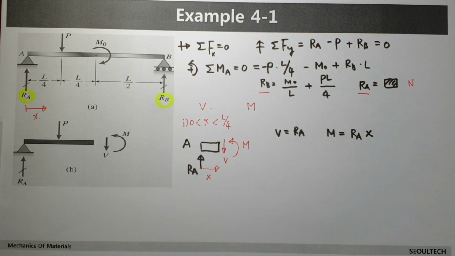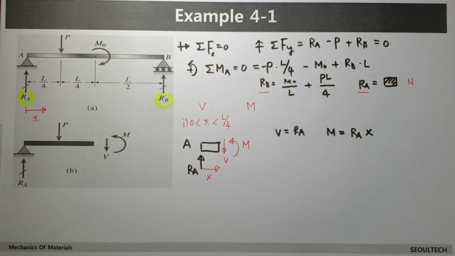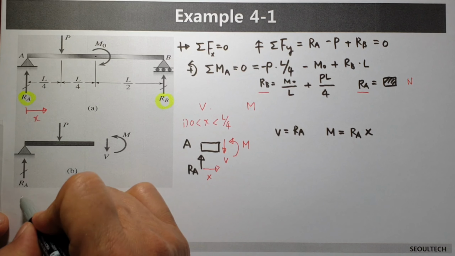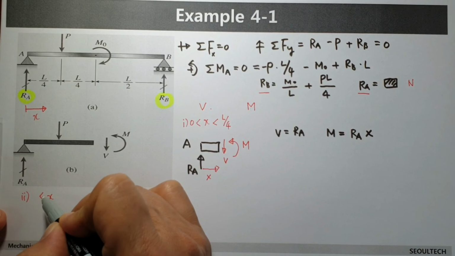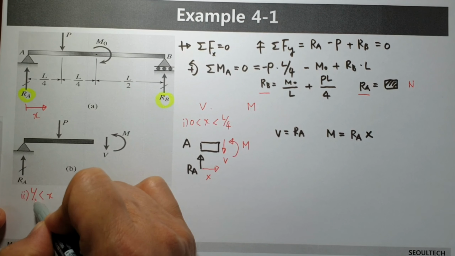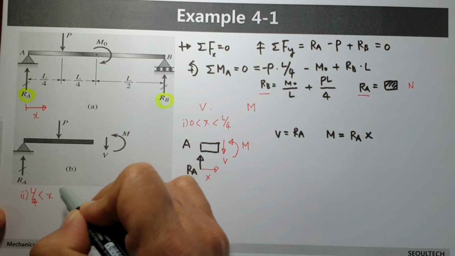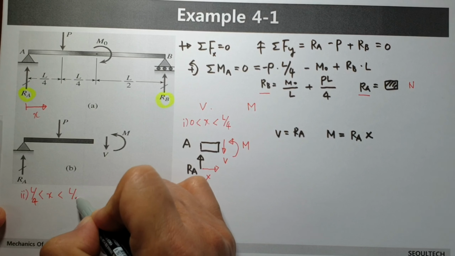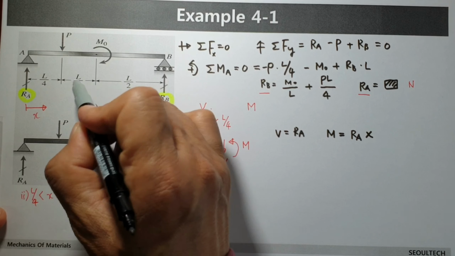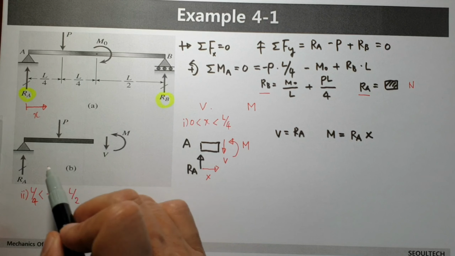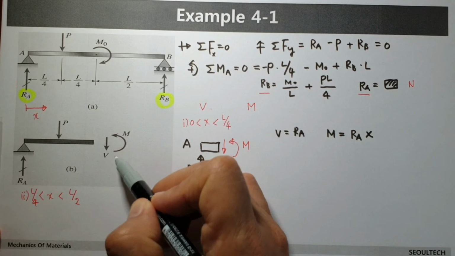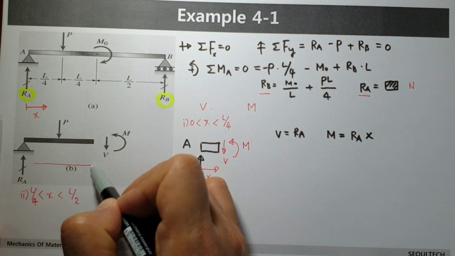Okay, next step, we can consider this case, when x is between L over 4 and L over 2. Then we can think of RA, P, and this distance is x.